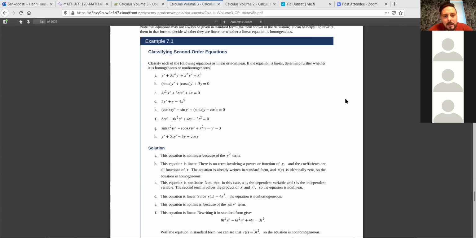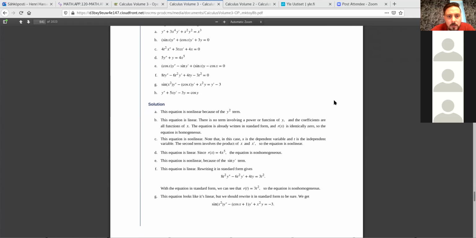E, that is non-linear because there is the sine of y prime. F, that is linear, and we can rewrite it in a standard form. So this 3t squared can be put on the right-hand side, so it's non-homogeneous. G, there appears to be no problem with this. It may look problematic with linearity, but it's actually not.